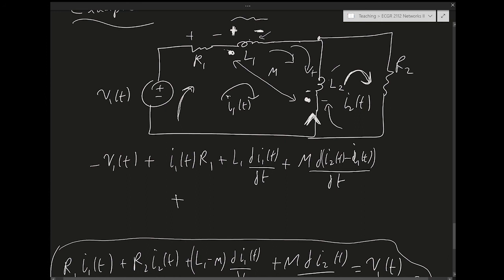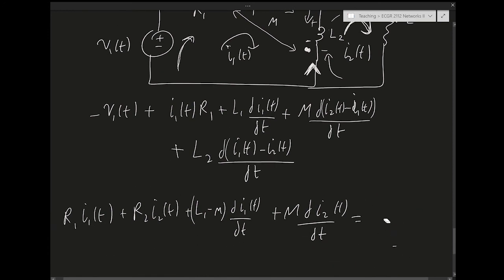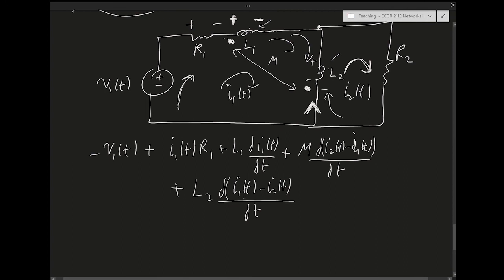So now I need to add first the self-inductance, which is L2 d(i1(t) minus i2(t))/dt. Let me erase this. This is mistaken. Right, so L2 d(i1(t) minus i2(t))/dt, this is the self-inductance.